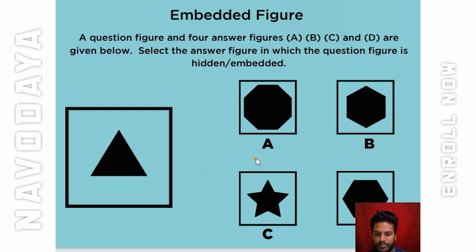First we see option A. In option A, do you find anywhere a shape matching this triangle? No, right? It's completely no. This is not the correct one because we can't find this shape hidden or embedded in this figure.